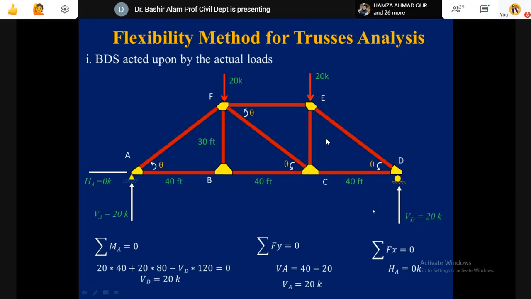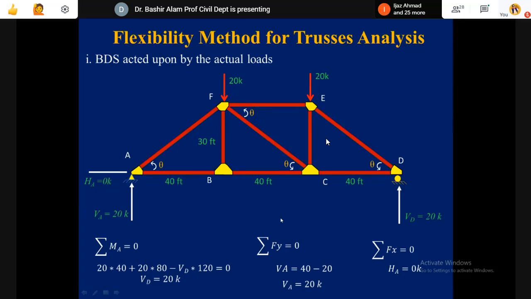Then summation of Fy: so VA is equal to 20 plus 20 minus this reaction 20, so 20 kips we are getting here. Summation of Fx is equal to 0. So it gives us that the horizontal reaction at A, HA, is equal to 0 kips. Now support reactions are found.